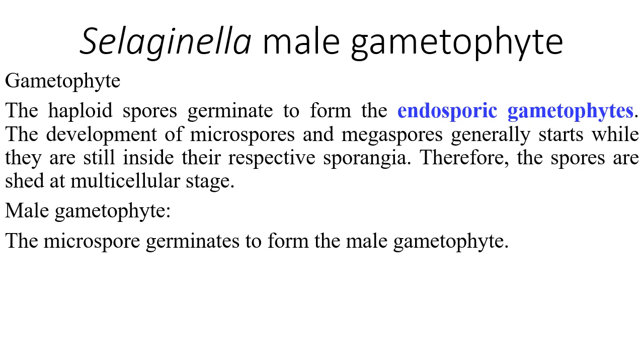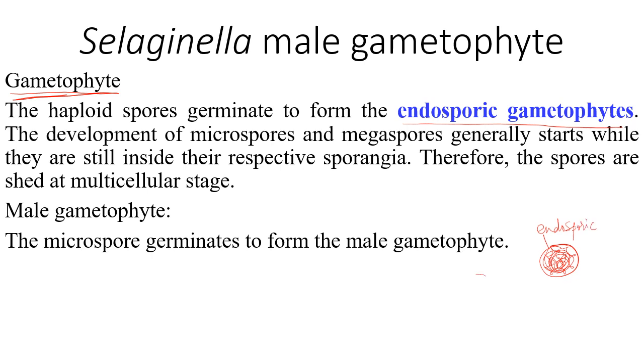The spore grows and develops the gametophyte. The haploid spores germinate to form an endosporic gametophyte. Let us understand what endosporic gametophyte is. If this is a spore and the gametophyte is developing within the spore, it is not coming out of the spore. So the entire development is taking place inside only. This is called endosporic, and this kind of structure is seen in Selaginella.